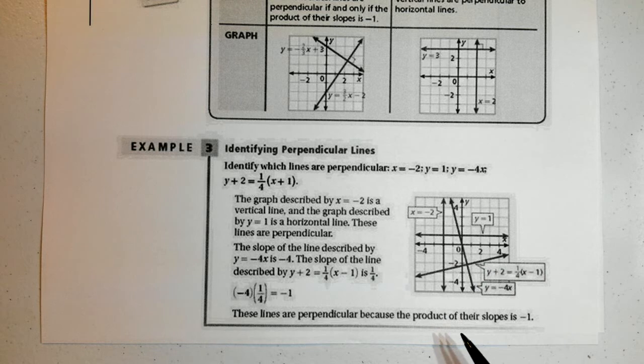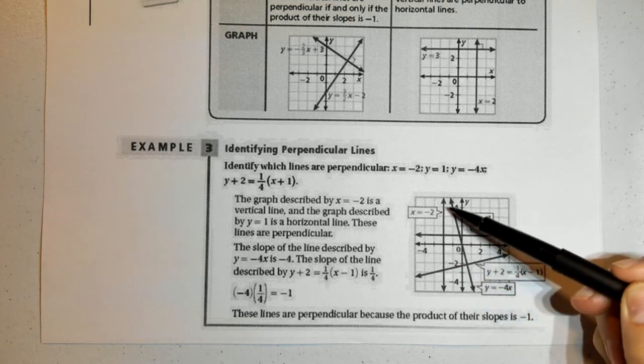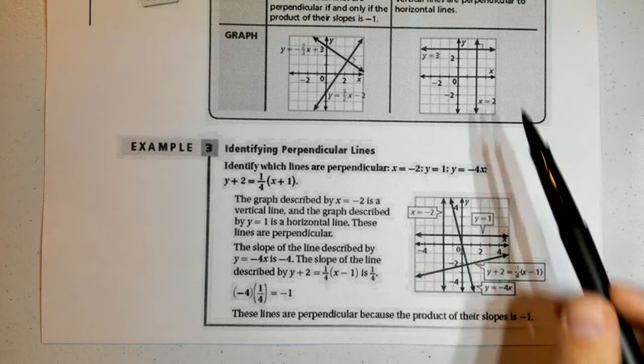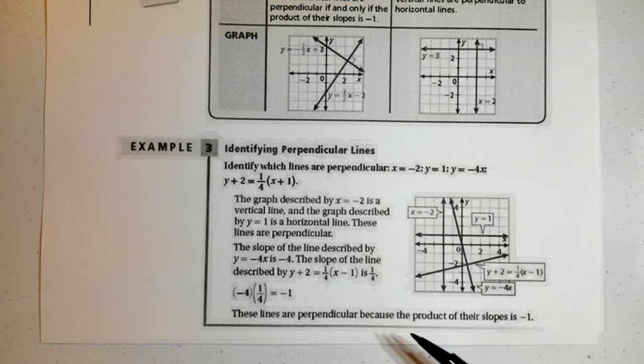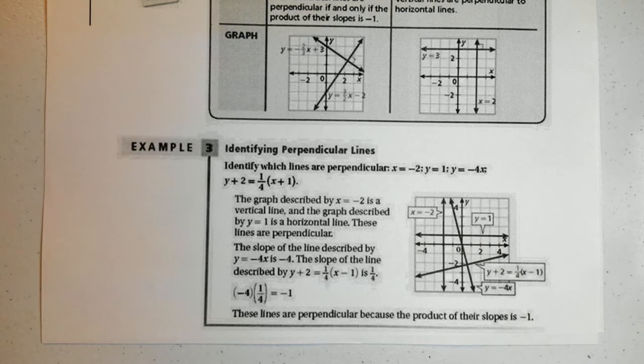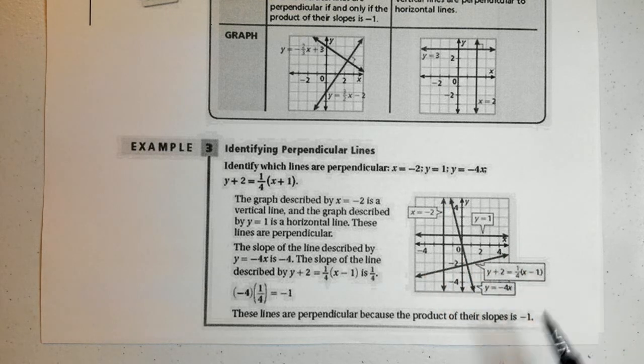So x equals negative 2 is right here. Y equals 1 is this horizontal line. Remember, vertical and horizontal lines are perpendicular, so those two are going to be automatically perpendicular. And then we have y equals negative 4x, which is right here. And then y plus 2 equals 1/4 x minus 1.